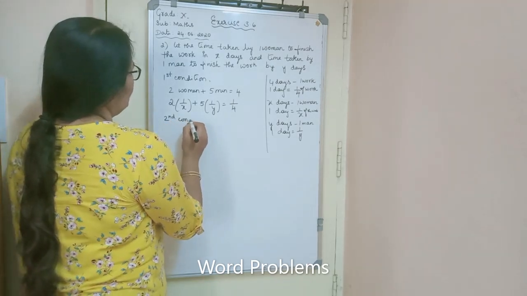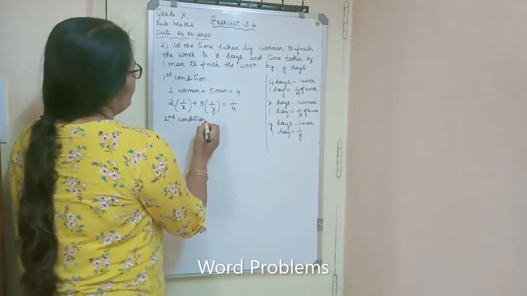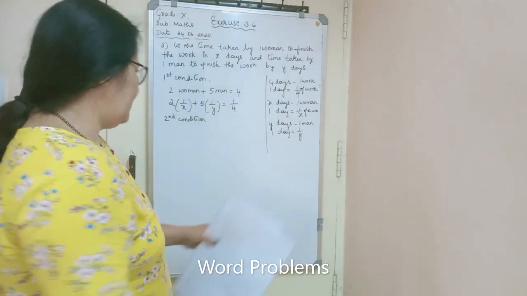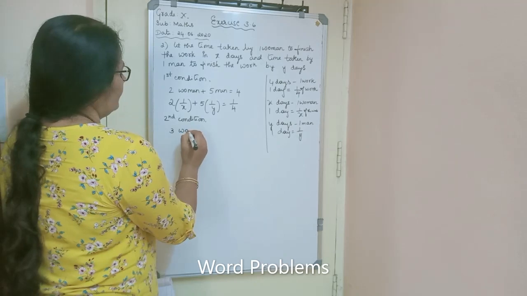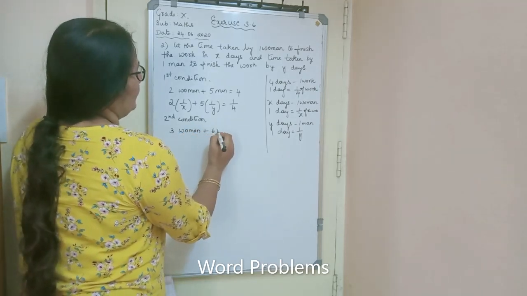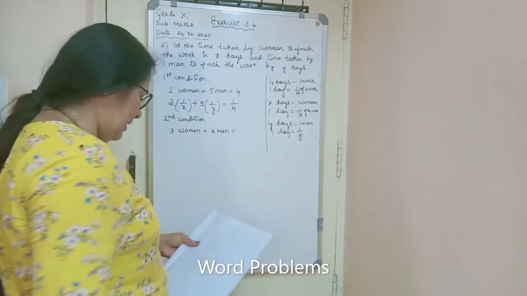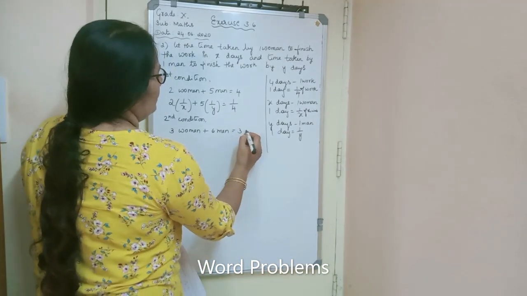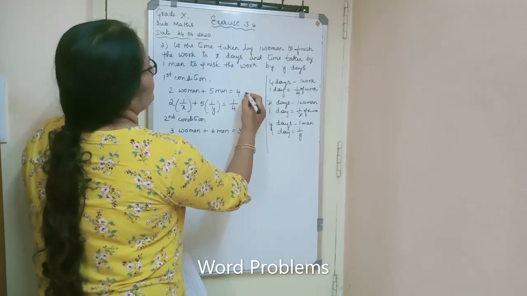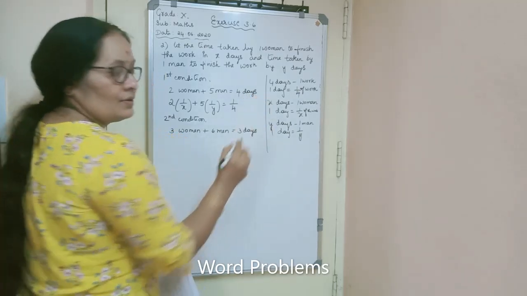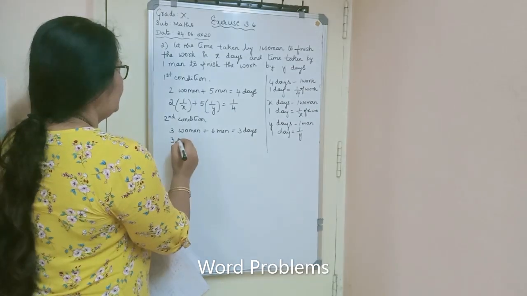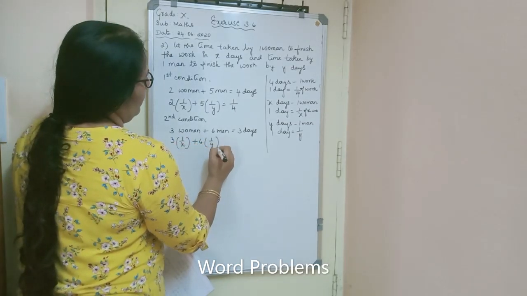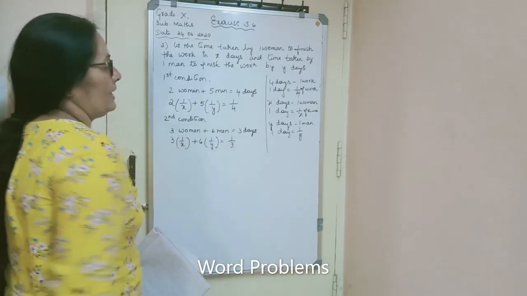In the second condition, 3 women and 6 men together complete the work in 3 days. That means in one day, 3 into 1 by x plus 6 into 1 by y equals 1 by 3.